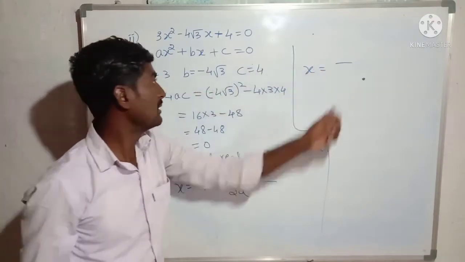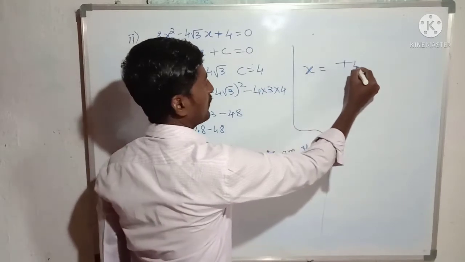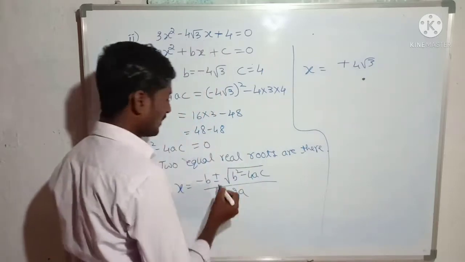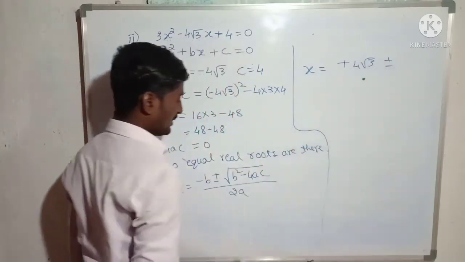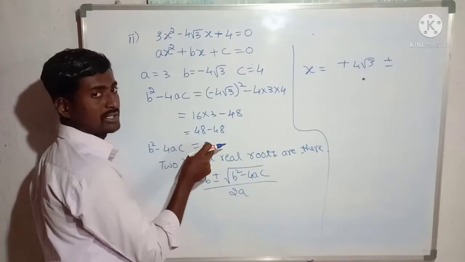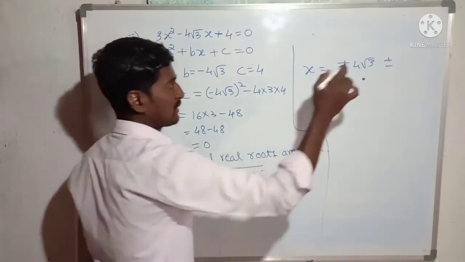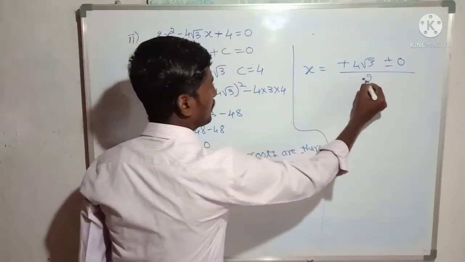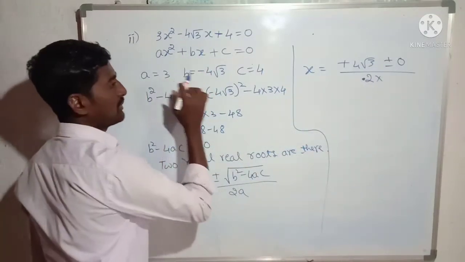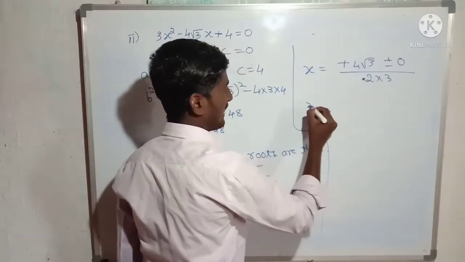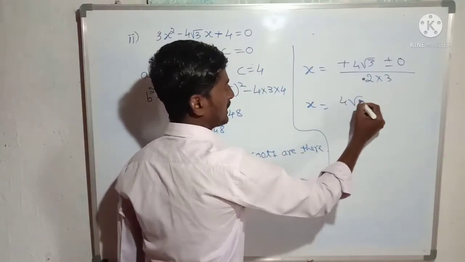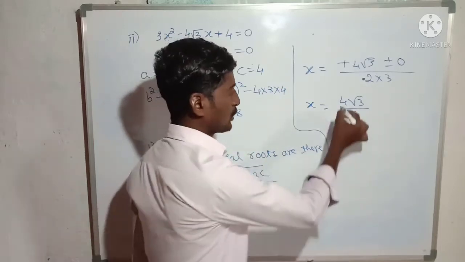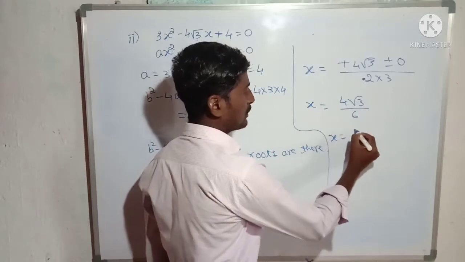Minus into minus is plus 4 root 3, plus or minus the square root of b square minus 4ac, which is already 0, so the square root of 0 is 0 only, divided by 2 into a. The a value here is 3. So x is equal to 4 root 3 divided by 2 times 3, that is 6. Now 2 2s are 4, 2 3s are 6, so x is equal to 2 root 3 by 3.